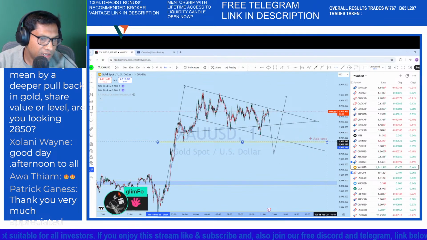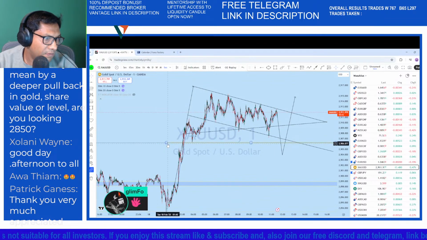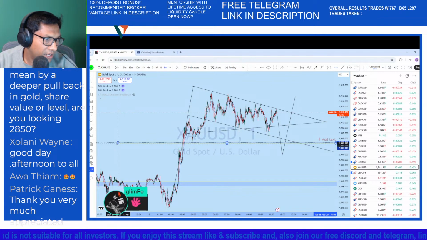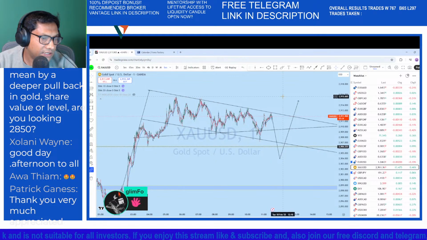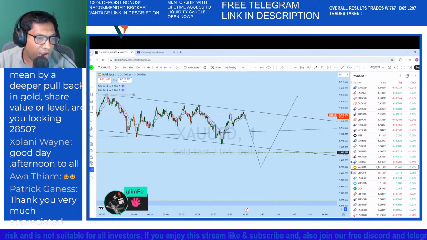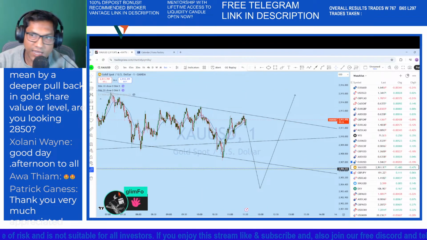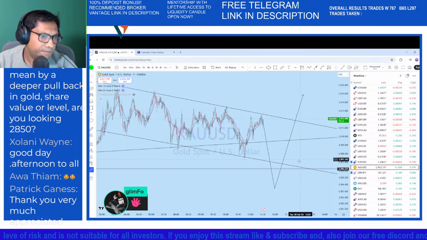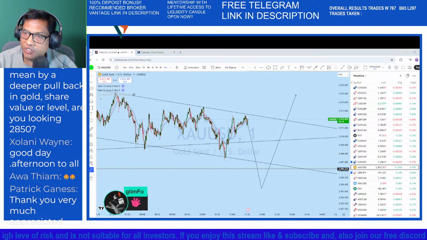Would like to see how the price might be doing in this market. So let's find out where we can enter into the trade. As soon as we find a suitable entry, we will be looking for a trading opportunity in this market.